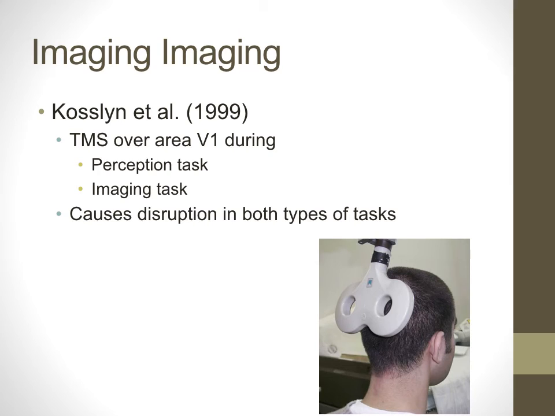Obviously TMS caused problems with vision because you're disrupting the neurons in your brain from understanding the stimuli you're seeing.